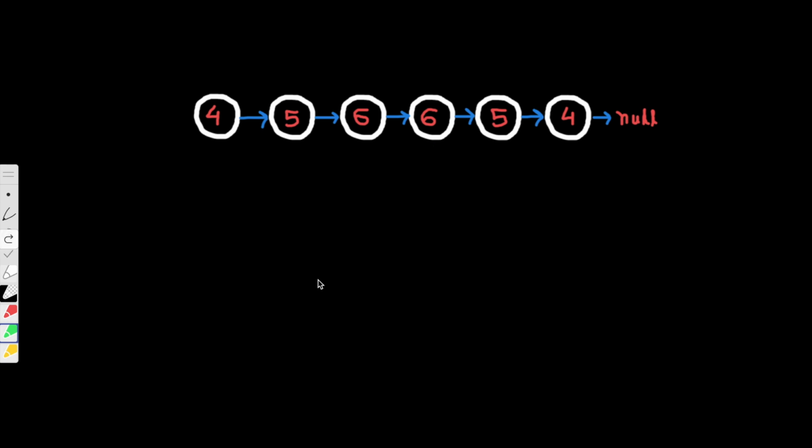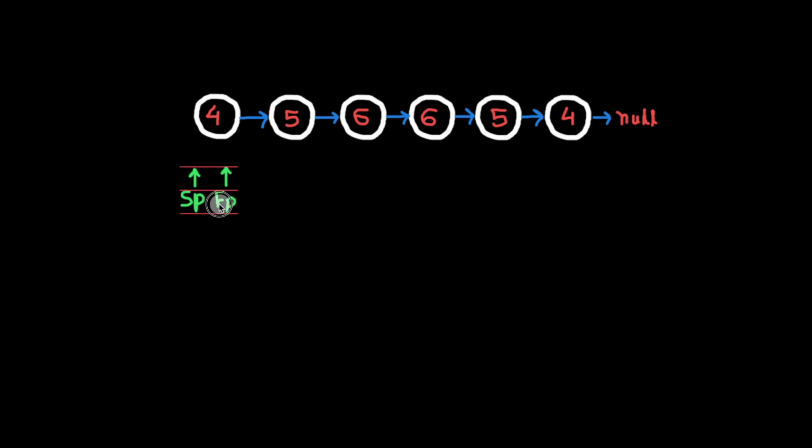So initially, to find a middle node, we'll use a two pointer technique, or the famous Floyd's fast and slow pointer technique. Okay, so to do this, we'll need one slow pointer and one fast pointer. The two pointer technique suggests that the slow pointer will move one step ahead and the fast pointer will move at twice the speed of the slow pointer.